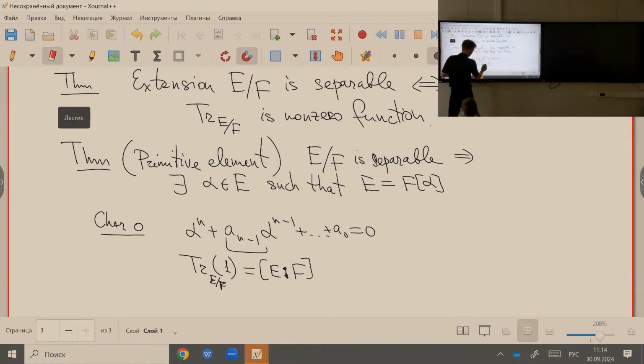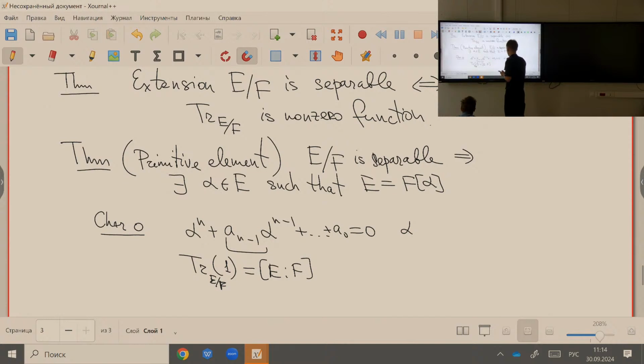And morally, if you are making a change alpha to alpha plus 1, then alpha_{n-1} is changed to alpha_{n-1} plus something.